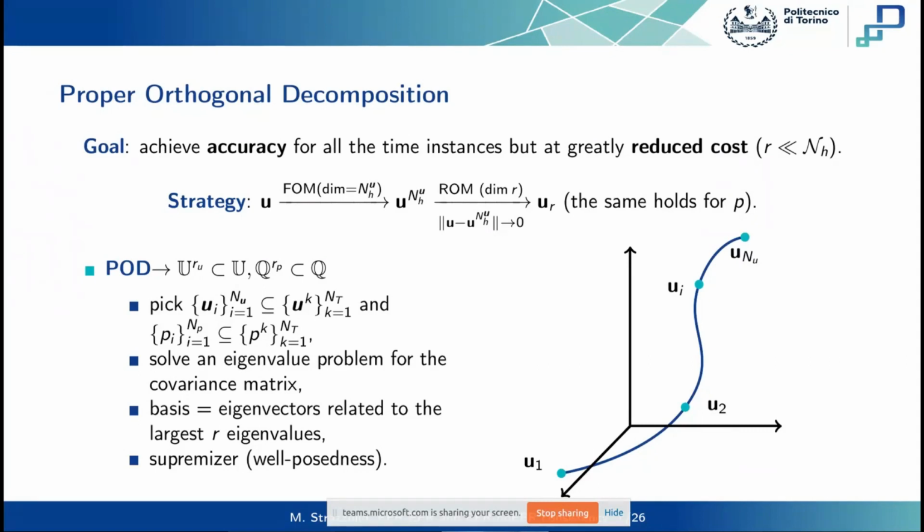You order them and take the R largest eigenvalues, which are the most representative of the energy of your system. The eigenvectors related to these eigenvalues are a basis for your reduced space, and you can use that basis to represent your solution at reduced cost. For those familiar with this technique, I also used supremizer to ensure the well-posedness of the system at the online phase.